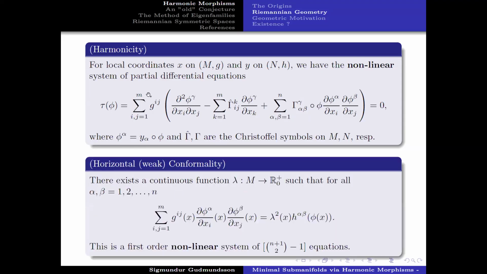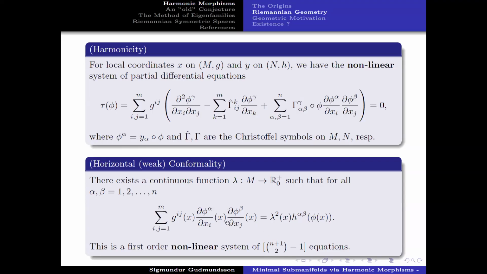But we want to not only solve this, but also this one. And the horizontal conformality, which I explained earlier, means this. And I'm only going to concentrate on the case when n is 2, when you're going into the complex plane, because the rest is pretty overdetermined and nonlinear and very difficult.